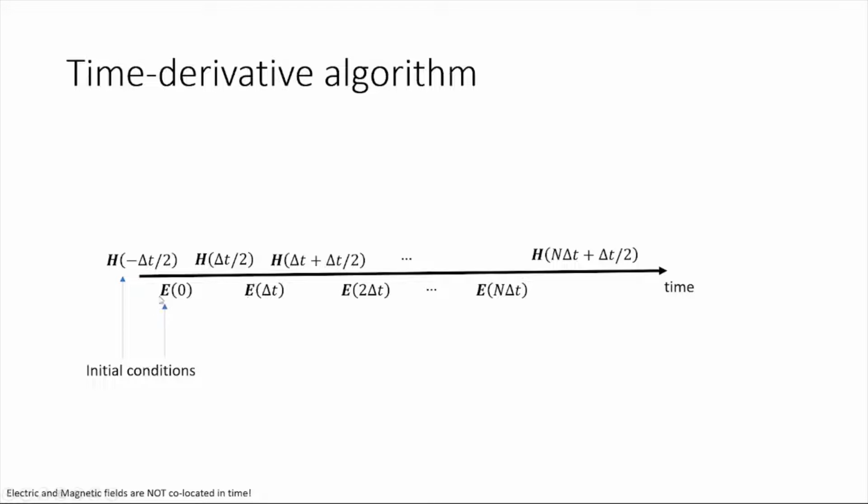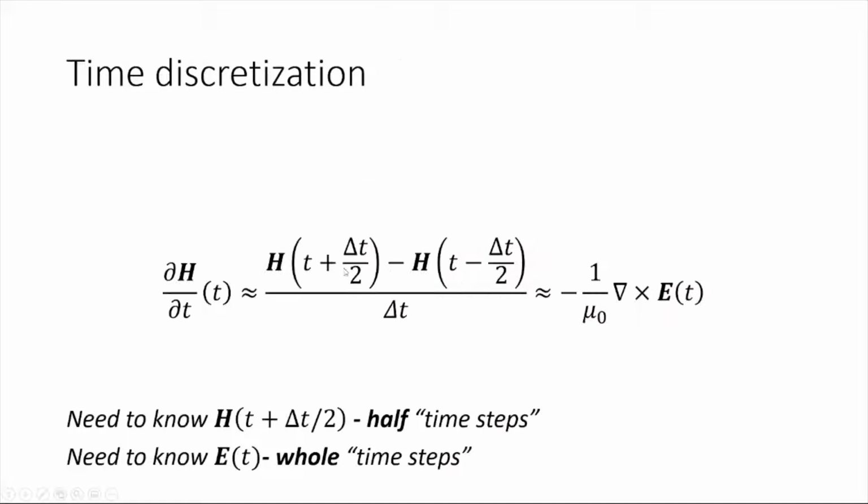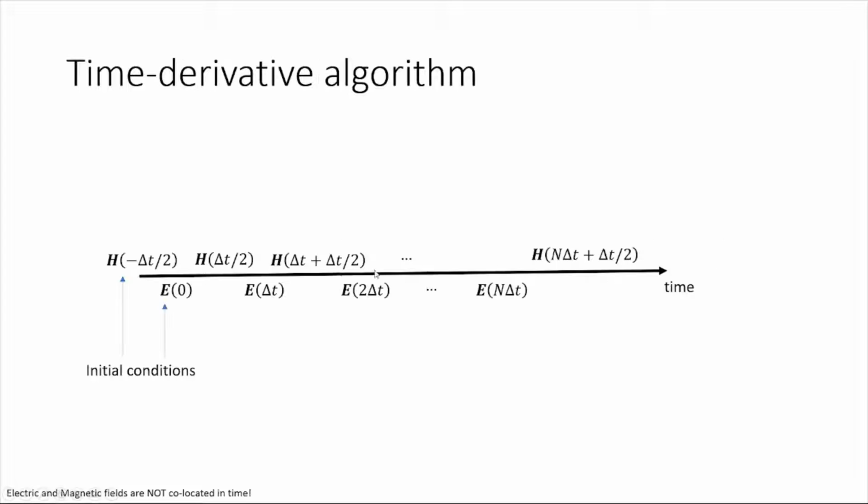But knowing E at 0 and knowing h at negative delta t over 2, we can calculate h at delta t over 2 using this formula here. And then knowing that, we can now calculate E at delta t, calculate h at delta t plus delta t over 2, and et cetera, et cetera. So we calculate E at these full time steps, and we calculate h at these half time steps.